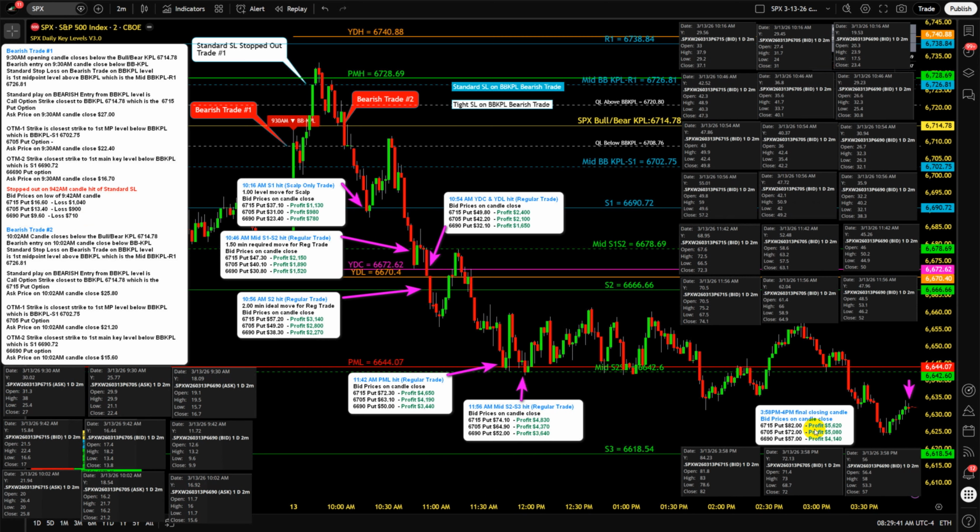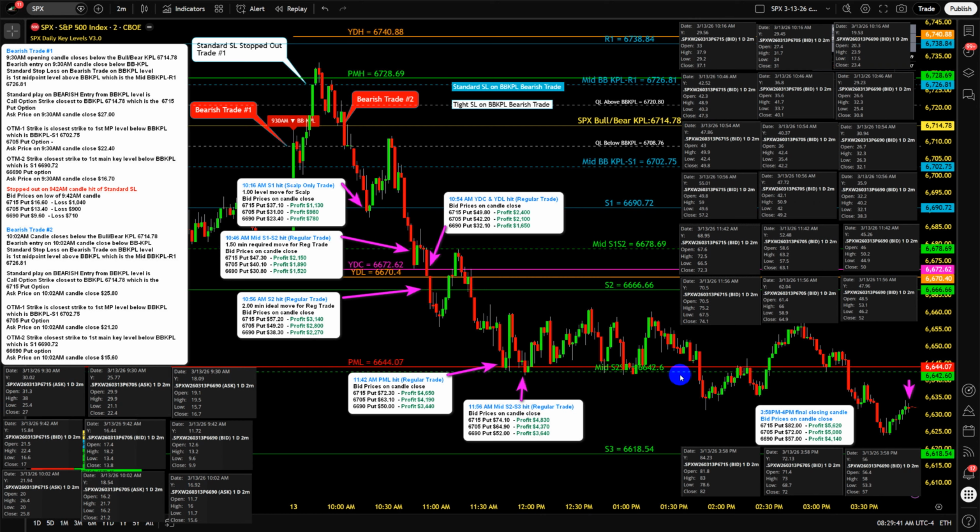Of course, the figures would be slightly higher here on the closing candle if you held any remaining runners into the close. However, given that this is PML and mid S2, S3 here, it is typically a good idea to exit all remaining ones here.